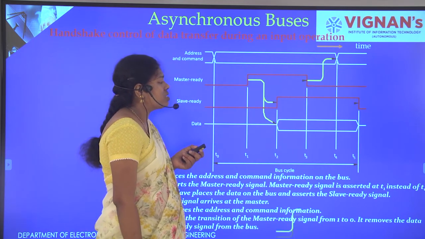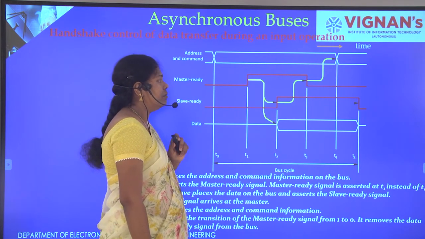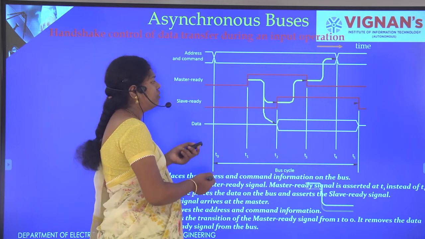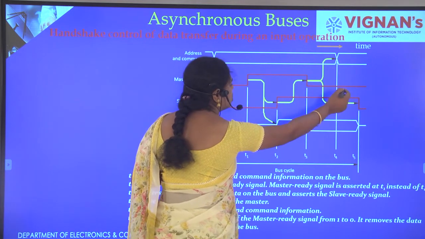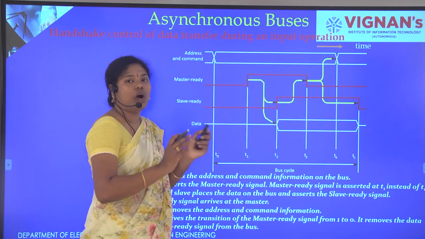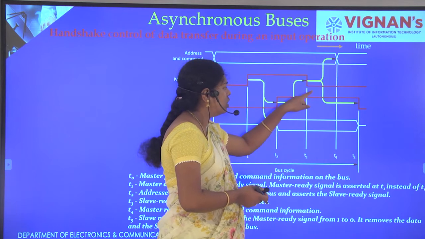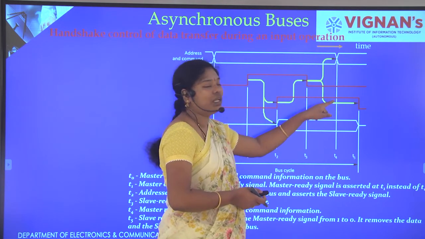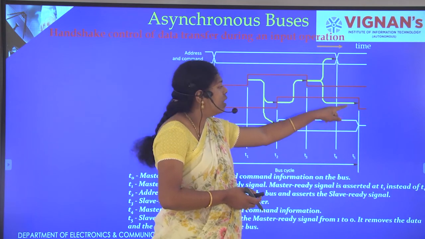Now the master has to strobe the data. At the same time, after completion of work, it will change the master ready from logic 1 to 0. That is, the operation is completed. Whenever there is a transition from 1 to 0, the slave has to make 1 to 0, that is, the slave has to be logic 0.